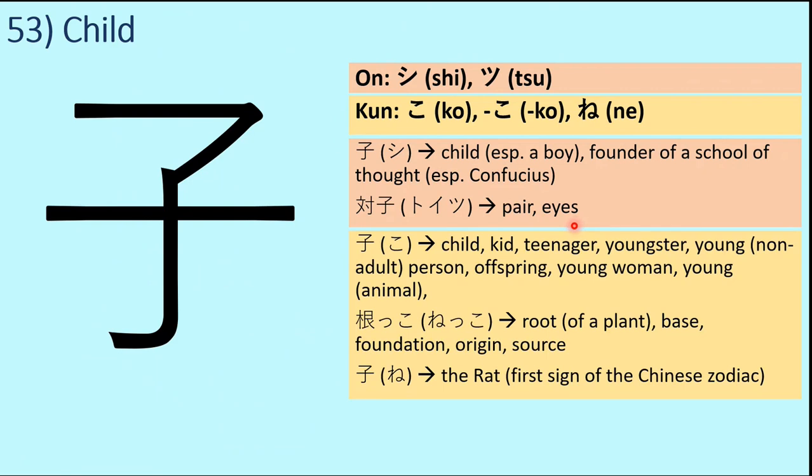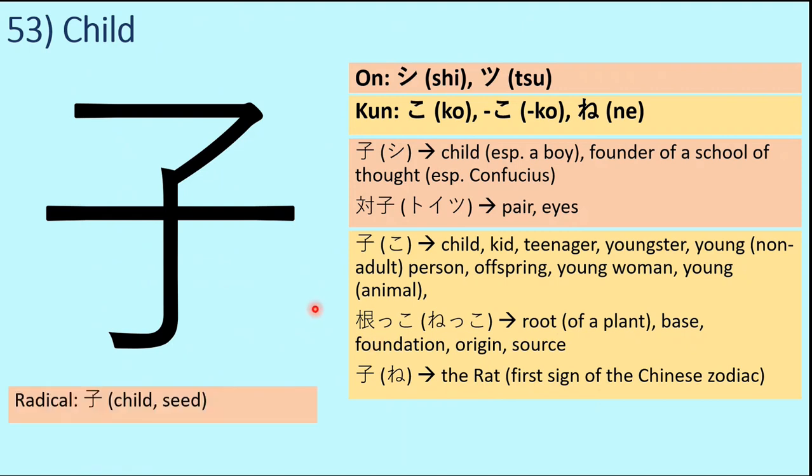In kun'yomi, ko means child, kid, teenager, youngster, a non-adult person, that is a young person, offspring, young woman, and even a young animal. Then we have nekko. Nekko means root of a plant, base, foundation, origin, or source. And we have ne, which is the rat, or the first sign of the Chinese zodiac.